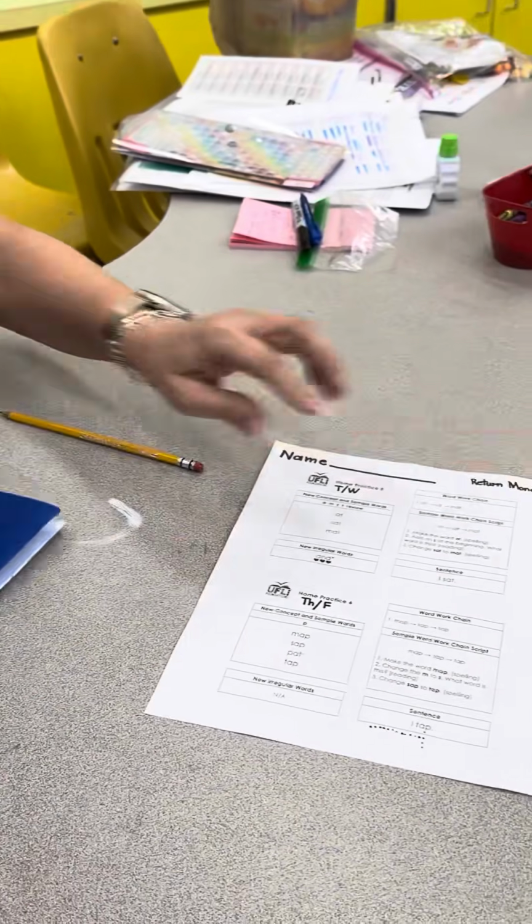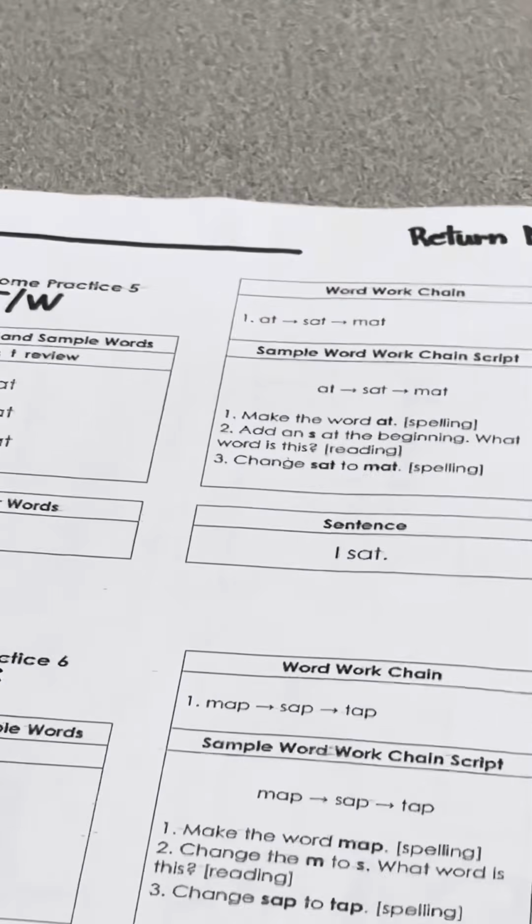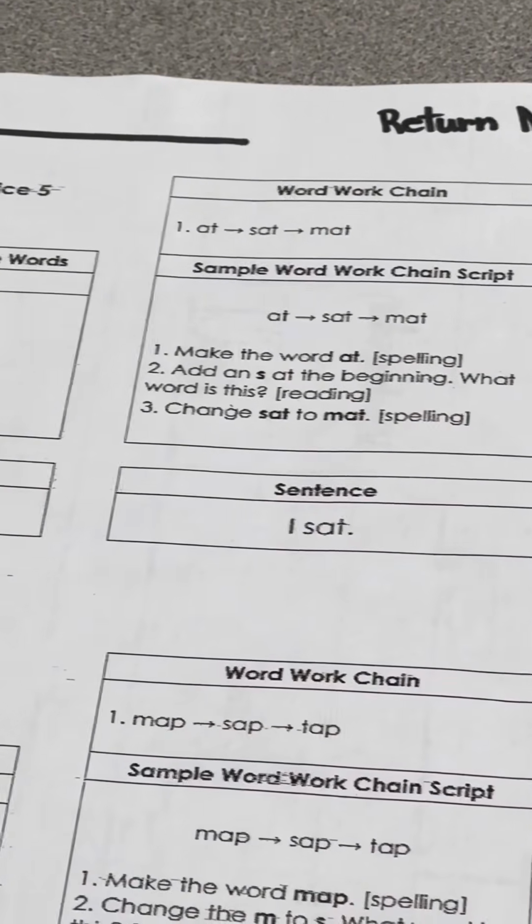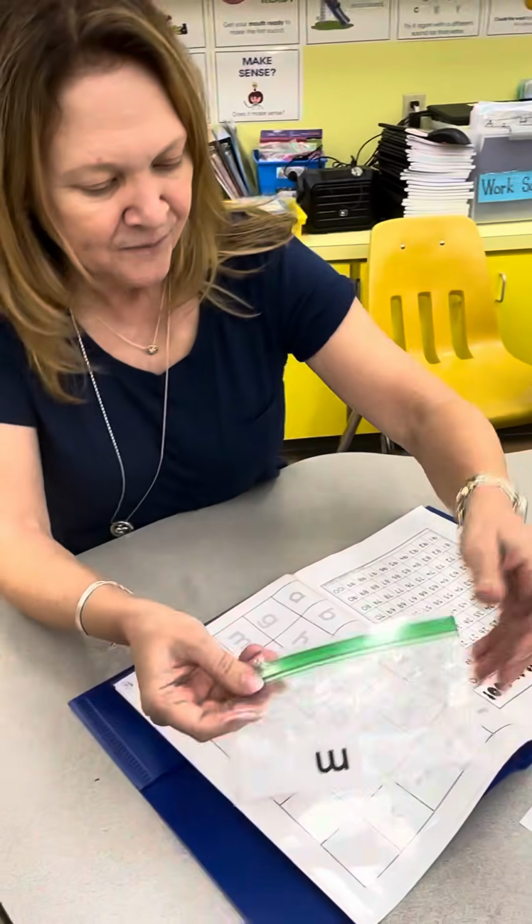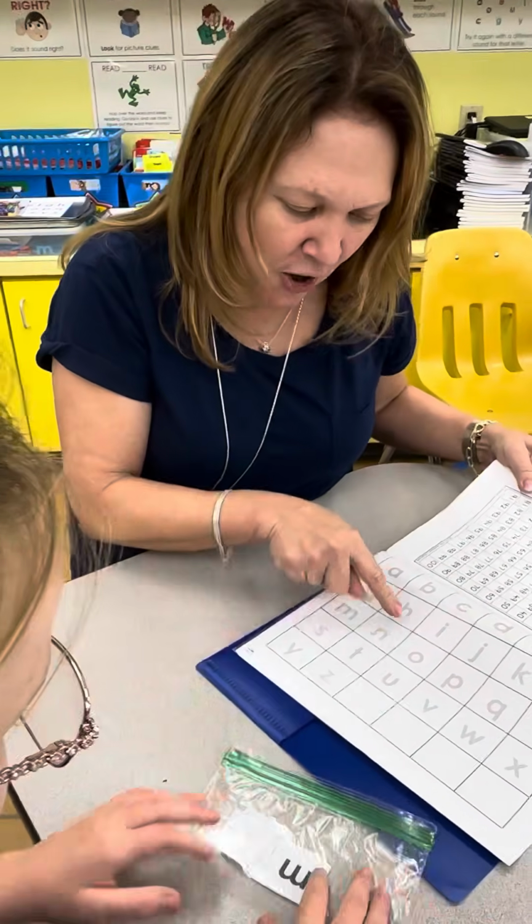Now, for the word work chain, you will need the alphabet mat that's in the back of the folder. You will remove the letters, and would you please put the letters on the mat?